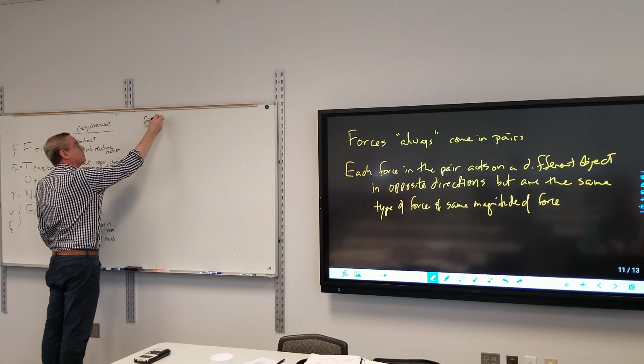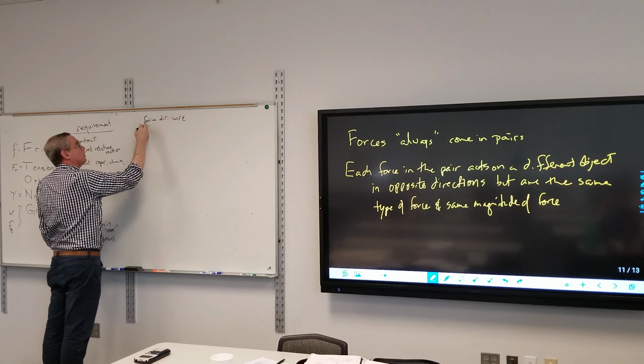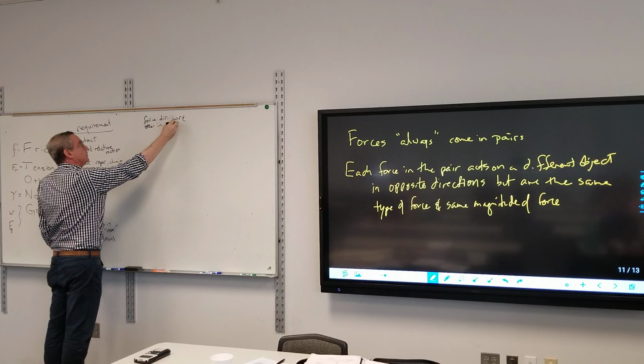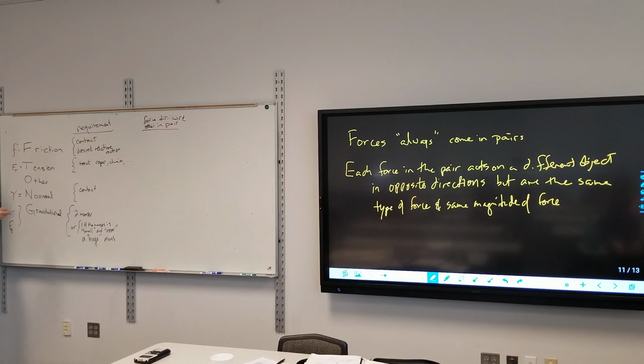Force direction with respect to other in pair. Oh, I have conveniently skipped over other. Let's back up for a second here. The requirement for other is, typically it's stated in a problem, but ultimately it comes down to we don't know, or from a physics point of view, care what the source of the force is.